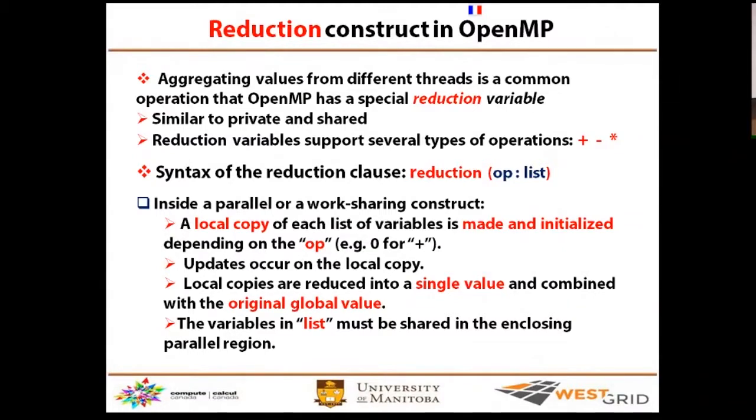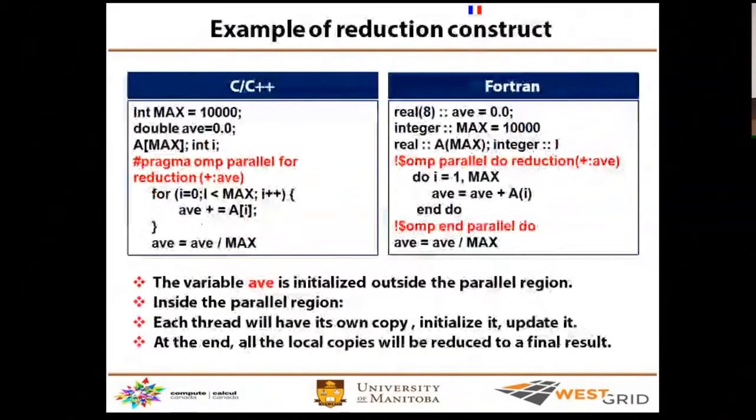When you just use reduction, the program will do all this. You don't have to initialize the local copies. They will be initialized by the program. And at the end, they will be added and combined into the final result. So here is how it works: pragma OMP parallel for the loop, reduction plus average.